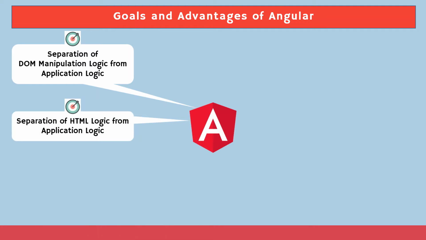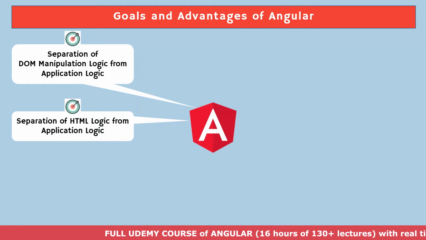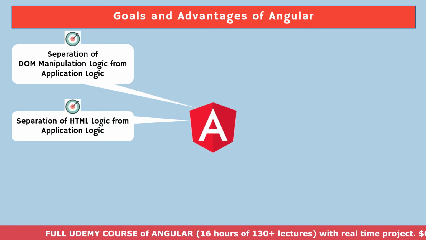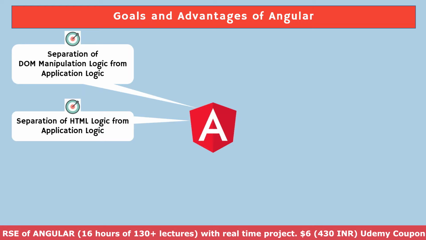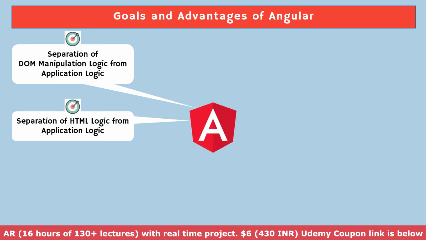Second one, separation of HTML logic from application logic. Here, HTML logic is the actual HTML code to design the user interface. In typical applications developed using plain JavaScript or jQuery, the developer writes some pieces of HTML code as a part of JavaScript or jQuery code.